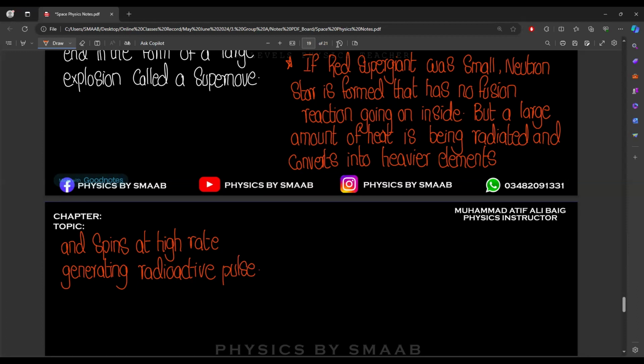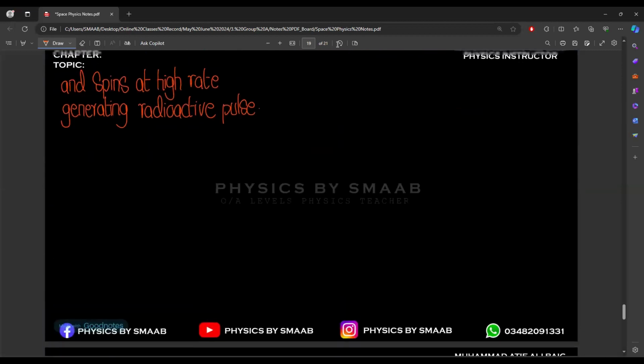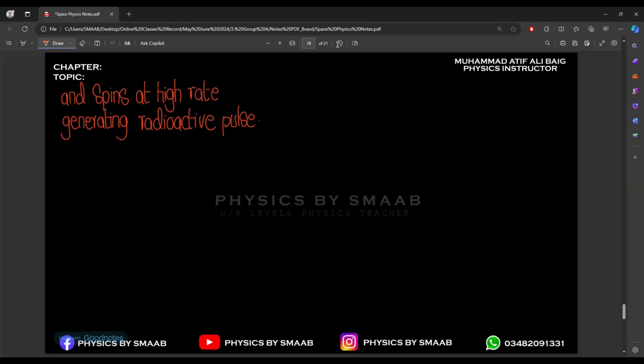So this is the concept of the neutron star. And if we talk about the black hole, how actually black holes form, that is the second possibility.